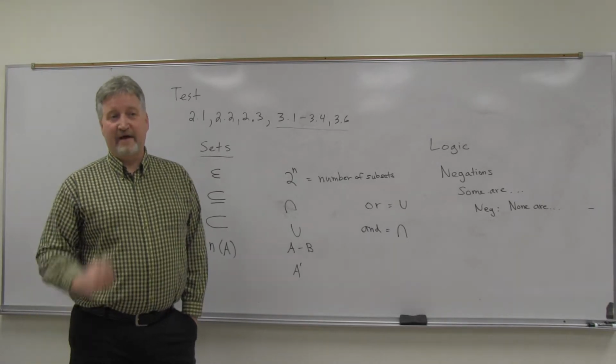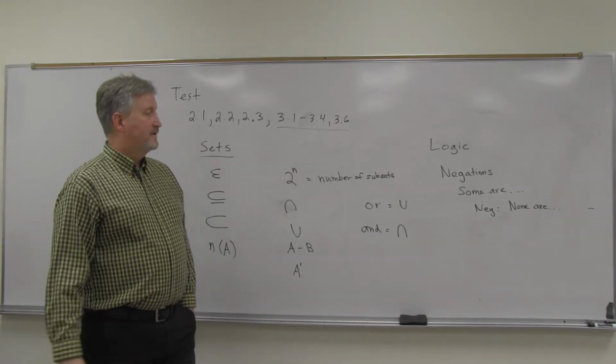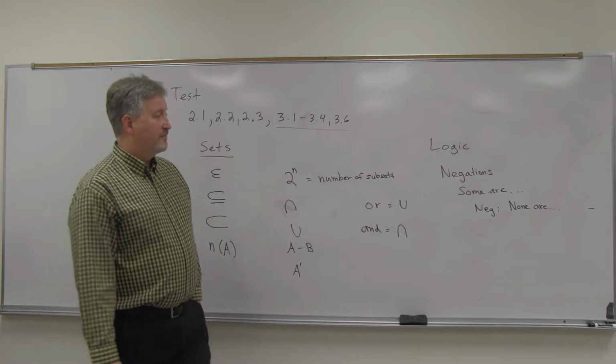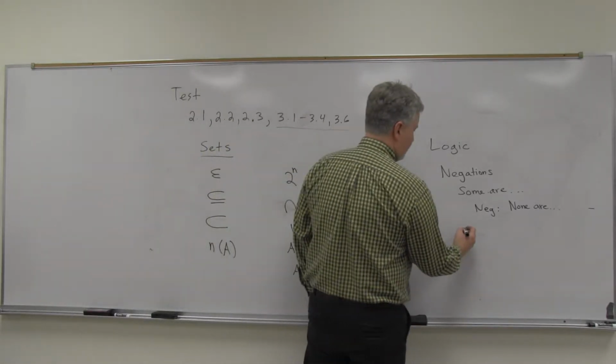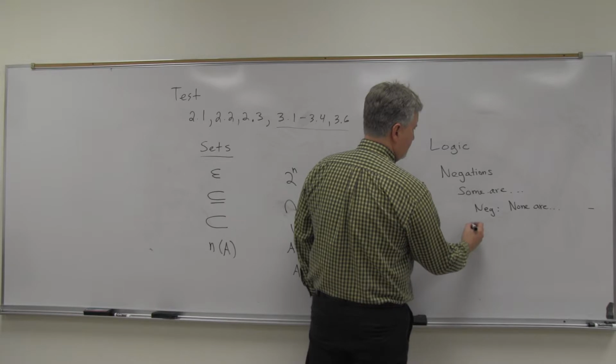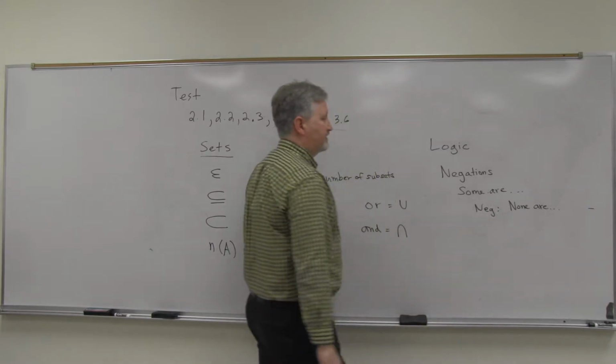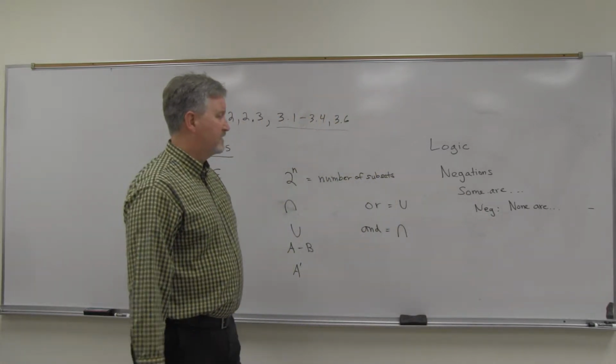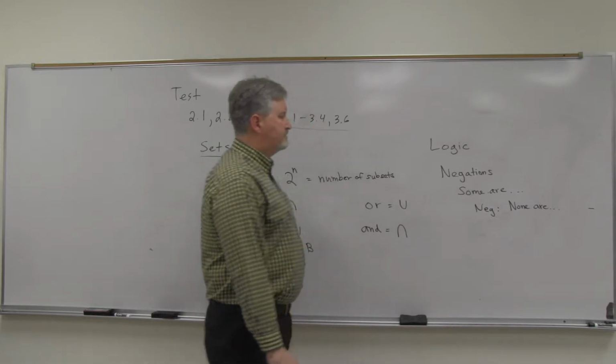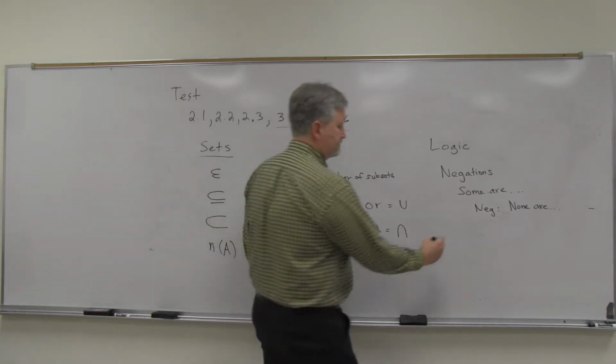Sometimes you just use the word no, but be aware of those. All, and it goes vice versa. If you've got none, the negation is some. All, it's not all.